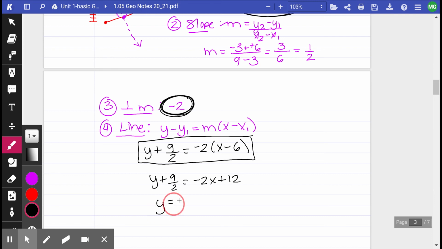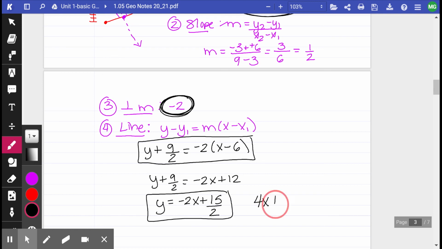But you could get y equals negative 2x plus 15 over 2. And that would be your slope-intercept. And then your standard form would be 4x plus 2y equals 15. So I didn't go through all the work with those. So here you would pause the video and just go through how to find each of those and check it with my answers.